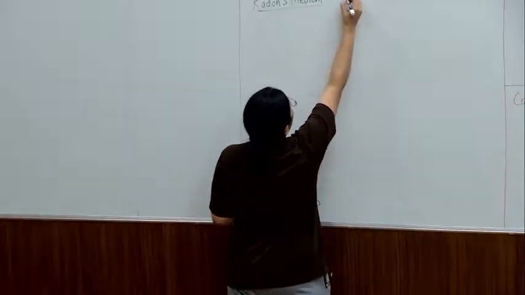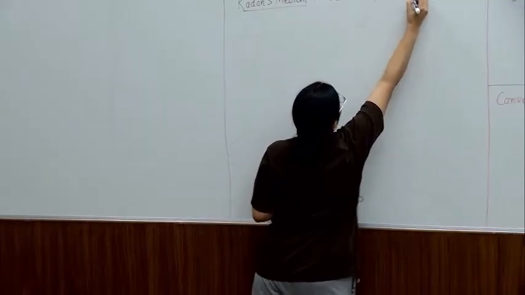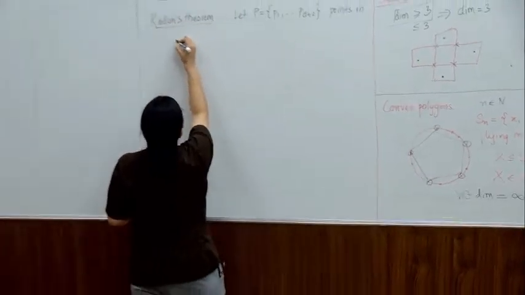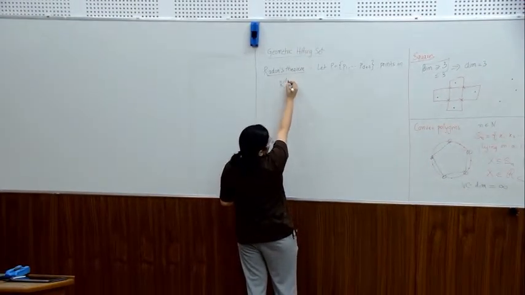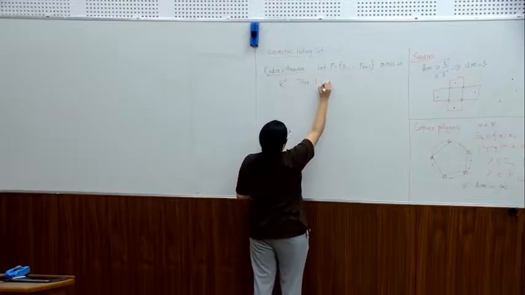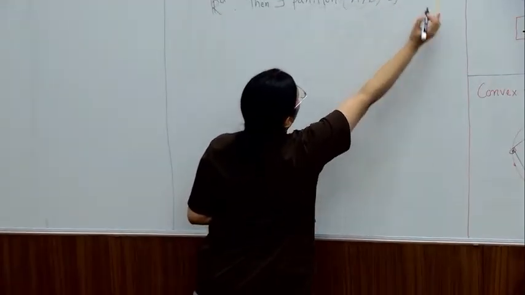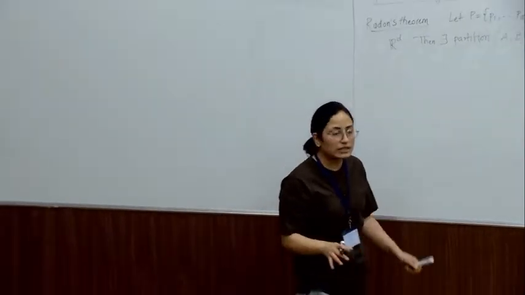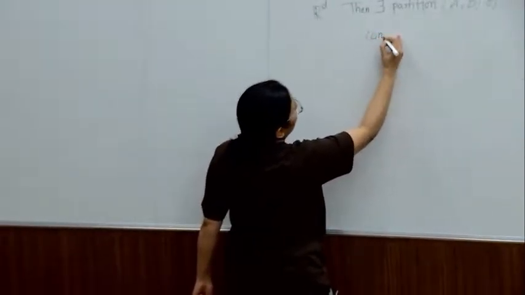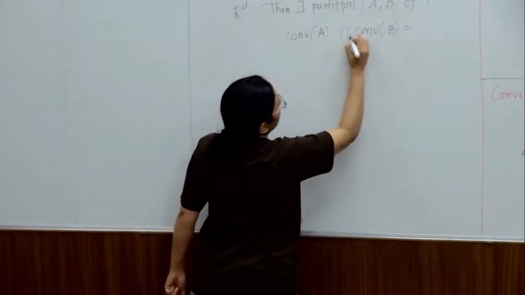So what it states is, say I have a collection of D plus 2 points in R^D, then there exists a partition, so we are partitioning this set into two parts A and B, such that the convex hull of A and the convex hull of B must intersect.